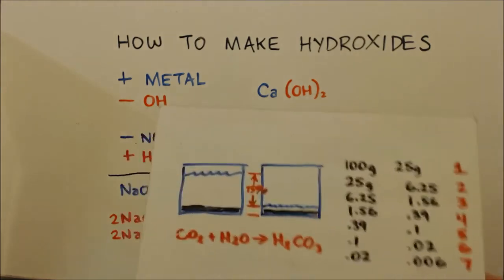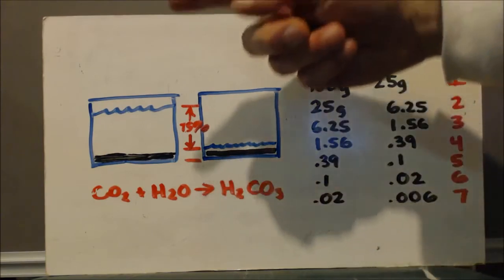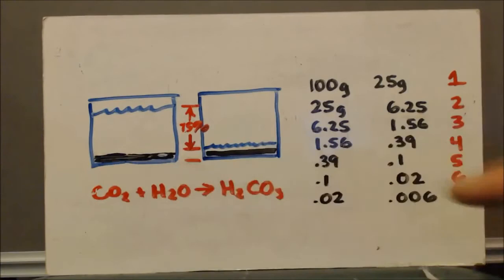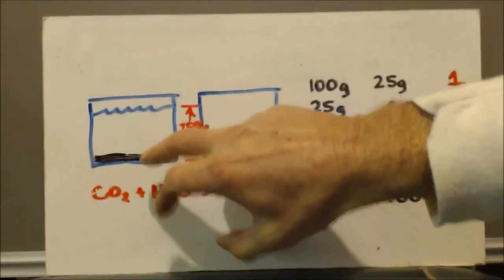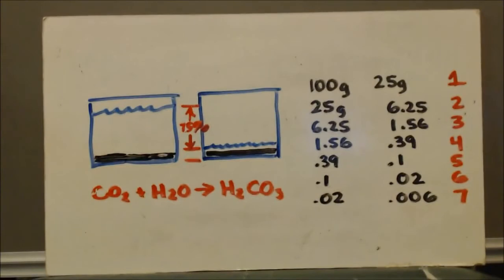Now when we made a carbonate in the last video, I told you how to make a carbonate. This would be your water, right? And here's your black precipitate at the bottom. We'd get a big jug or a big container and fill it up with water so that all the soluble stuff can go in there, and then we can siphon it out.